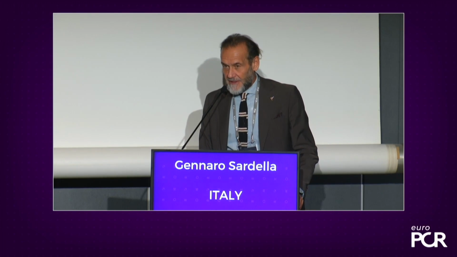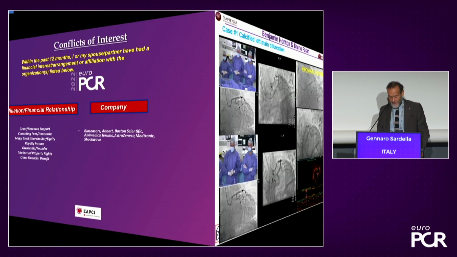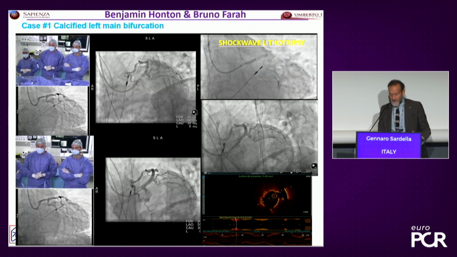Okay, just two minutes to thank the speakers and Shockwave for the invitation. Just to make a summary, we saw a very interesting case, a calcified left main bifurcation by Professor Hontón and Bruno Farah, with this wonderful demonstration of how you can treat a calcified left main with shockwave.